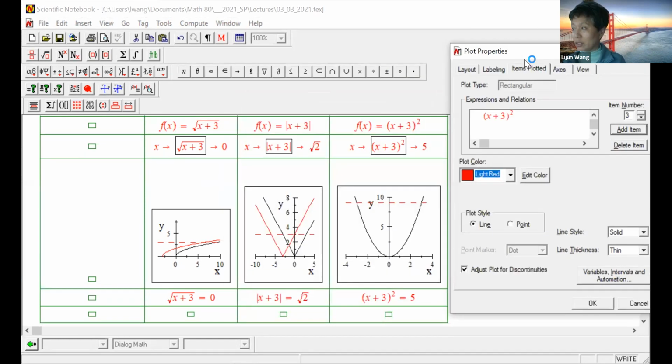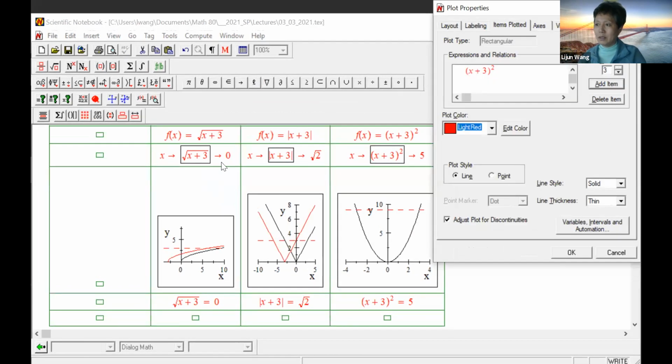You can plot using your calculator if you have a graphing calculator. The other 2 shifted to the left because of x plus 3. Will this one shift to the right or to the left? Give me your best guess on the chat if you wish.